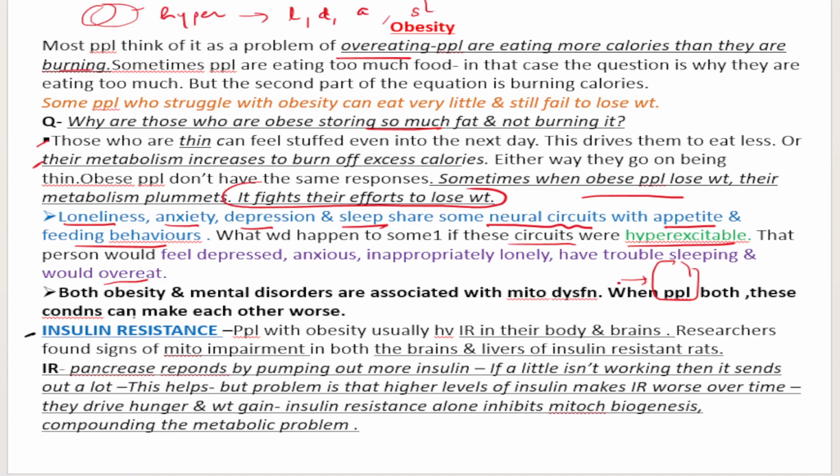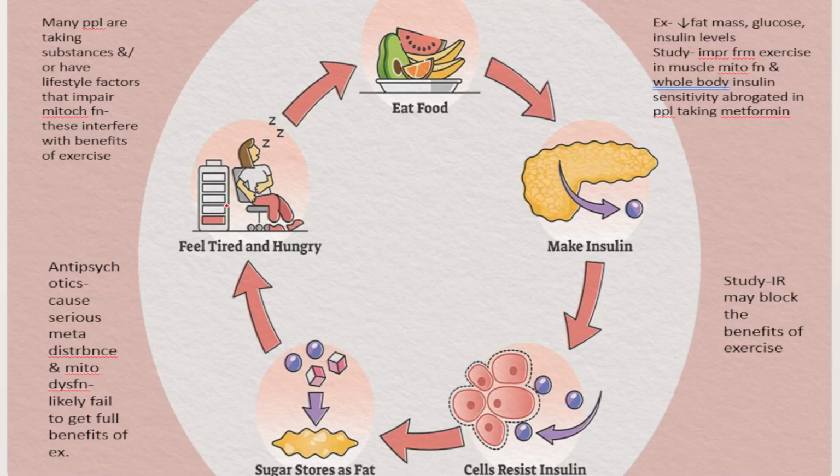So see, this is the diagram for insulin resistance. When we eat food, the pancreas is making insulin. Now this insulin is trying to enter the cells, but cells are not allowing the insulin to enter.